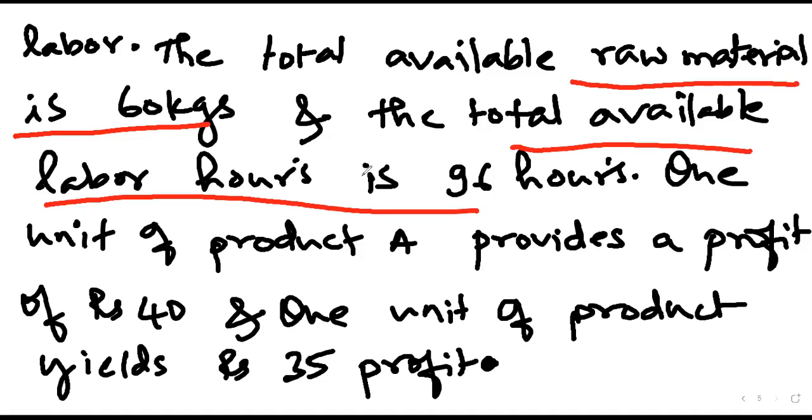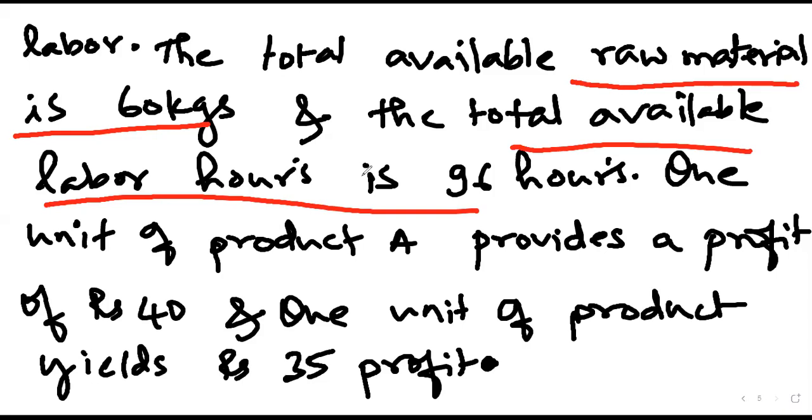Let us assume the company is manufacturing mobile handsets. The raw material required can be plastic, fiber, or silicon for preparing the chip, and so on. Here the raw material is how many kilos of plastic or fiber is required for manufacturing the mobile.